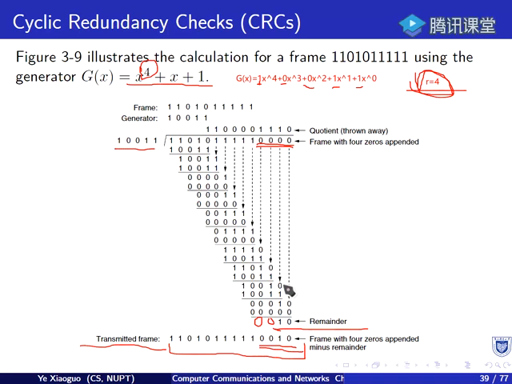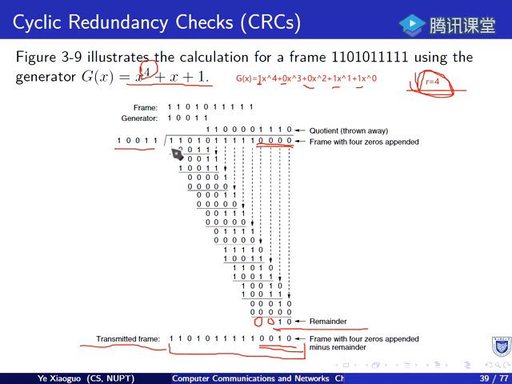Then we will talk about how to calculate. So the procedure of the long division. Then there's 1.